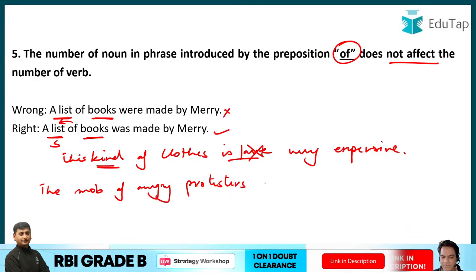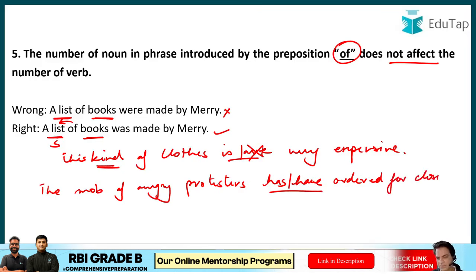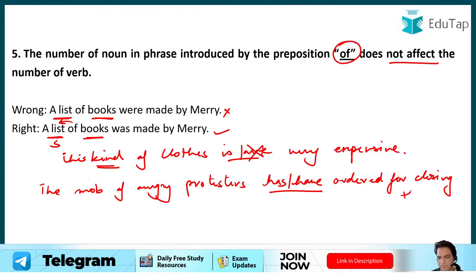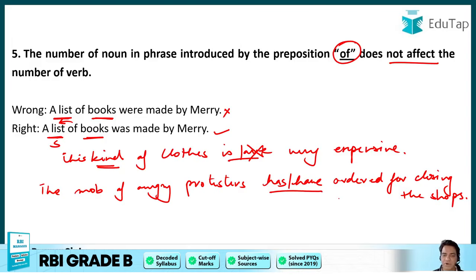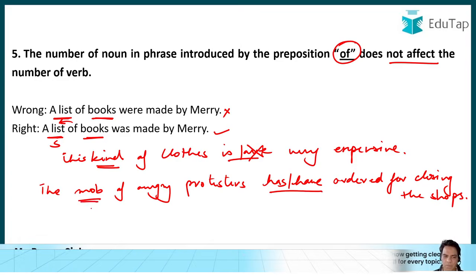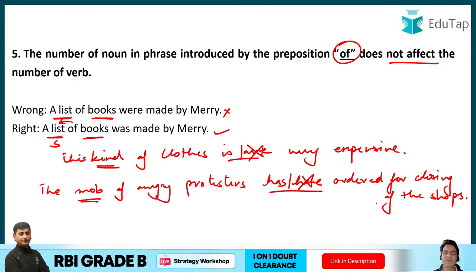So the mob of angry protesters have ordered for closing the shops. Now, if you look at this, many of you will say that the mob of angry protesters have ordered, but the subject here is not protesters. The subject here is mob. So the mob of angry protesters has ordered for closing of the shops. That is how we create a sentence.